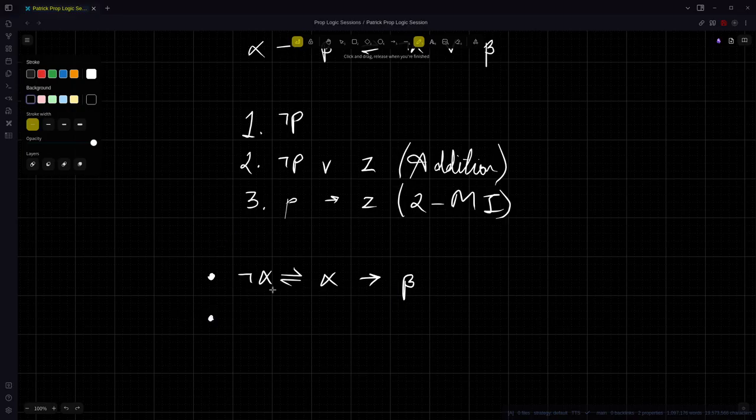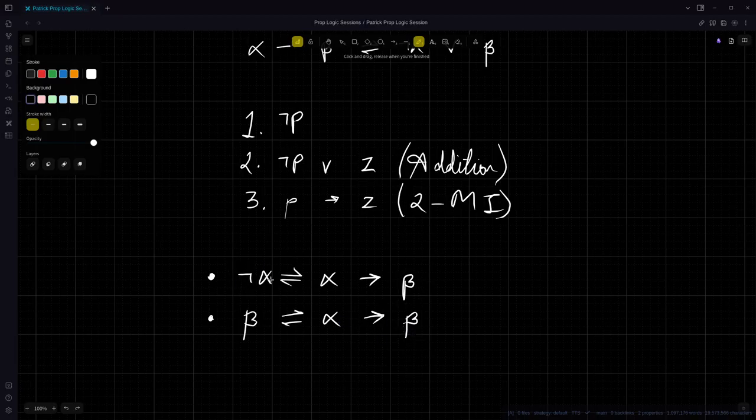Similarly, if you have beta, you can derive alpha implies beta, because the consequent is true, so the conditional is automatically true.